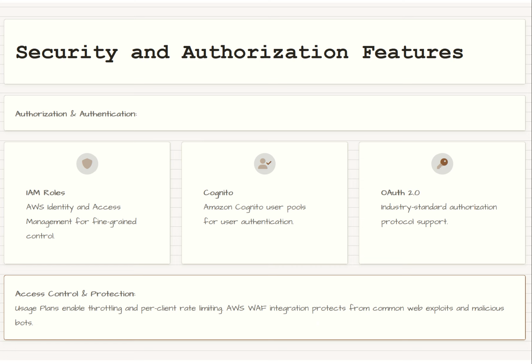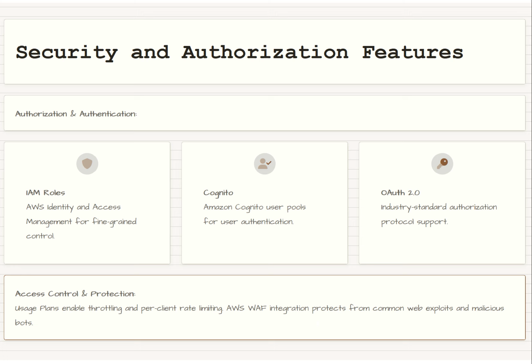We'll talk about Cognito user pools for user authentication separately in a different video. Cognito is also an identity and access management system provided by AWS. OAuth 2.0 is the industry-standard authorization protocol supported.